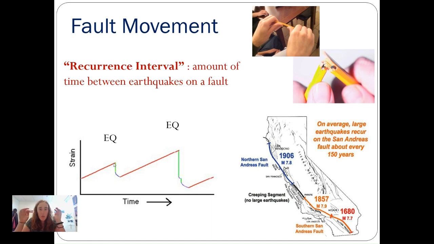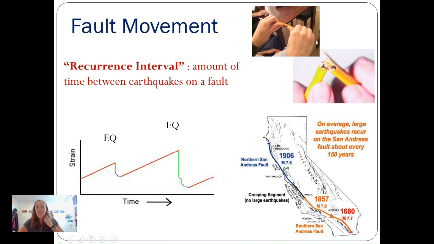Rocks can't handle that much stress and pressure. So once it's under enough stress, it's going to have an earthquake that relieves the strain or the pressure on that fault. The earthquake happens, resets it, and then it starts over. It starts building up stress and pressure until it has another earthquake that resets the stress and pressure, then it starts again and goes back up in pressure.